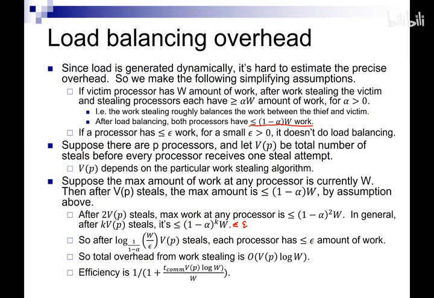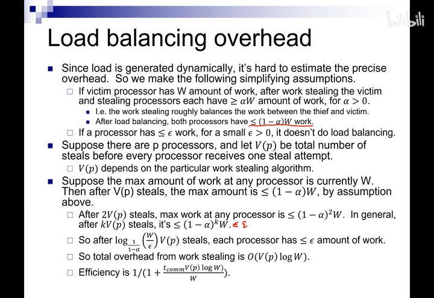You can see that if you make k be this value, where we basically take the log of W divided by epsilon, then the maximum amount of work is going to be less than epsilon, and so the total number of steals that we do is going to be k times V of P steals for this k.